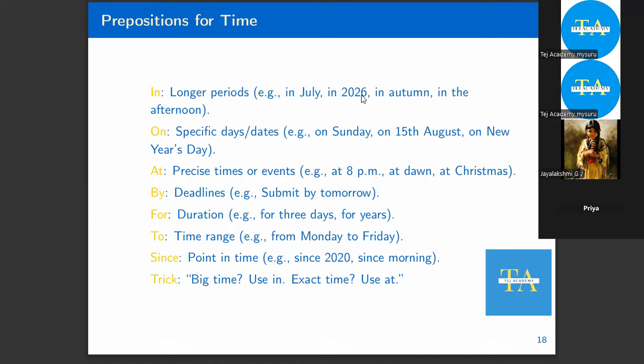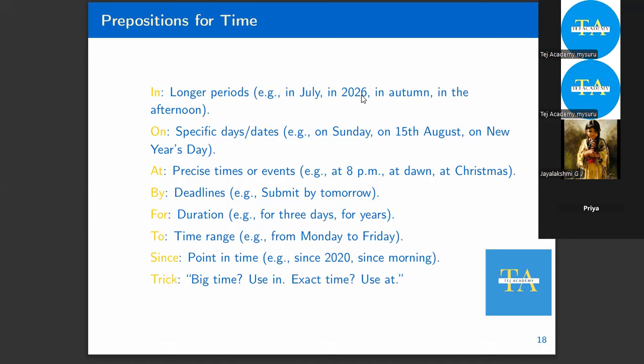So in is used for longer periods like in July, in 2026, in autumn, in the afternoon. So it's specifically about periods which are long. And on is used with specific days or dates like on Sunday.